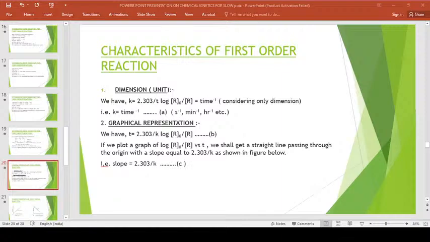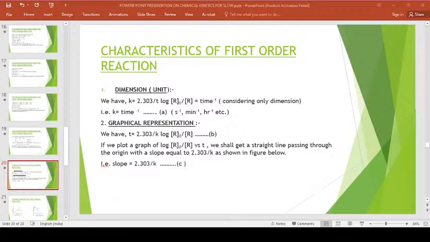A first order reaction takes 77.78 minutes for 50% completion. The meaning of this sentence is the value of t half, the half-life period. 50% completion means t half. So the value of t half is given as 77.78 minutes.